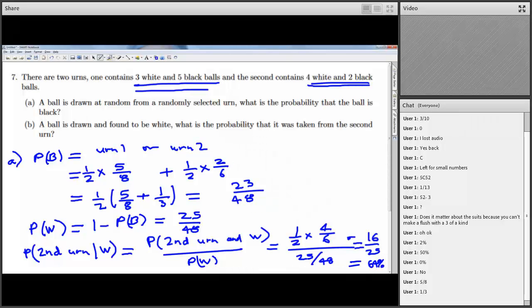So really, the way to work it out was just to ask, what's the probability of the second urn given white? It's just the both together divided by the total probability. This last case is an example of how you can use Bayes' theorem to work it out.